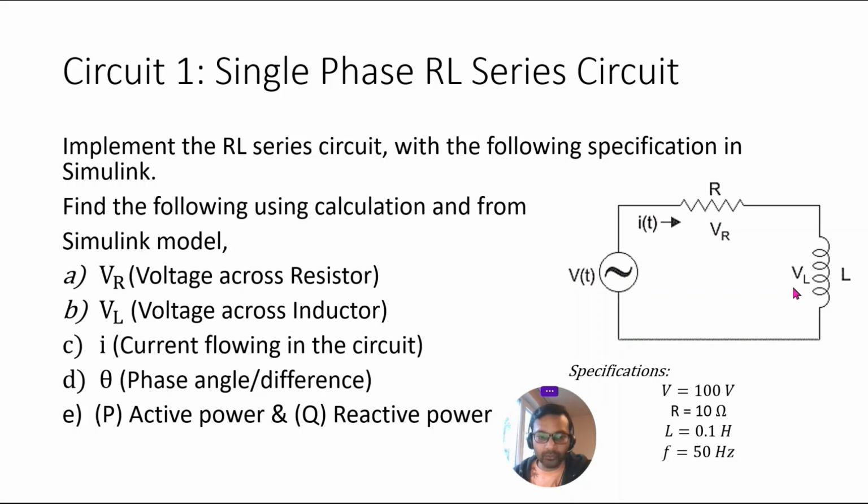Also, we have to calculate the active power P and the reactive power Q for this circuit. So let us have a look at how we can implement this circuit and take all these measurements on Simulink.